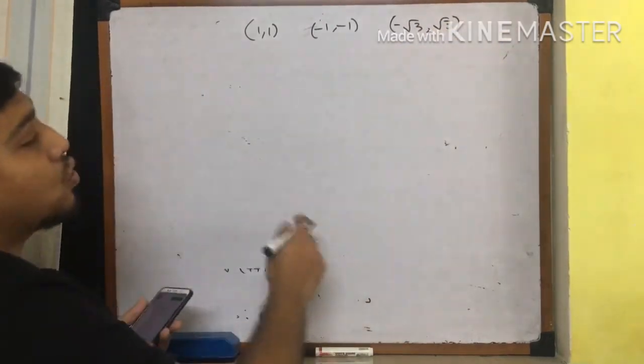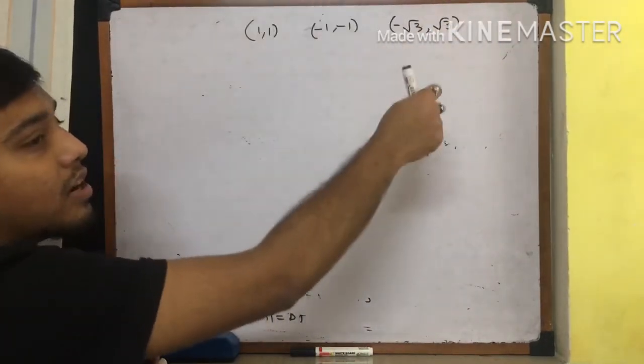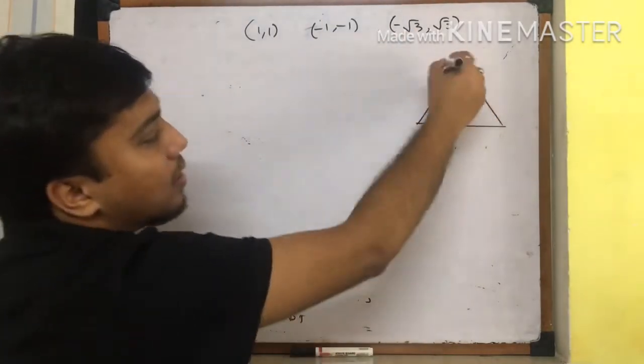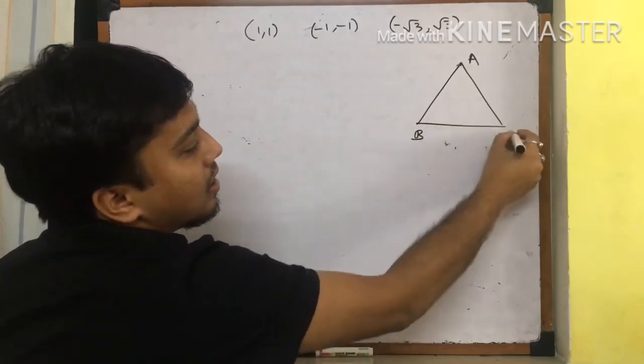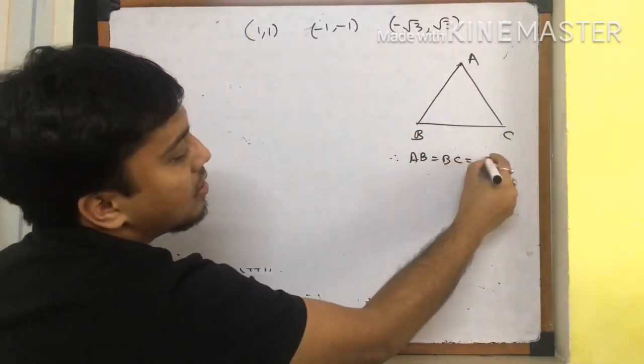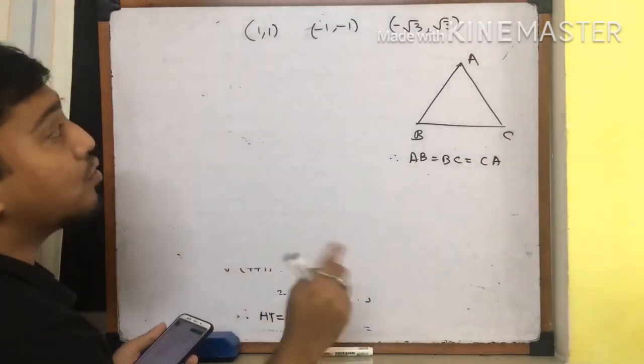The question says to show that these 3 points form an equilateral triangle. In an equilateral triangle, we know that all the sides are equal. Therefore AB is equal to BC is equal to CA. So we have to prove all this.